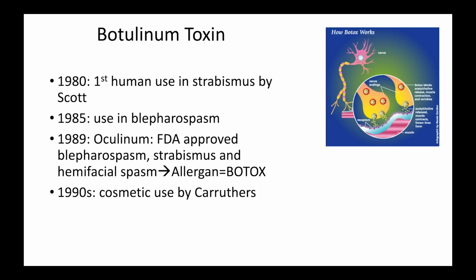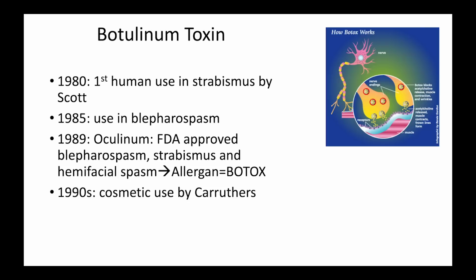Until that point, patients with blepharospasm essentially could not be treated at all. There was nothing we could do for these patients. In 89, Oculinum, which was Alan Scott's first name of the Botox, was FDA approved for blepharospasm, strabismus, and hemifacial spasm. Allergan bought the company, renamed it Botox, and here we are.